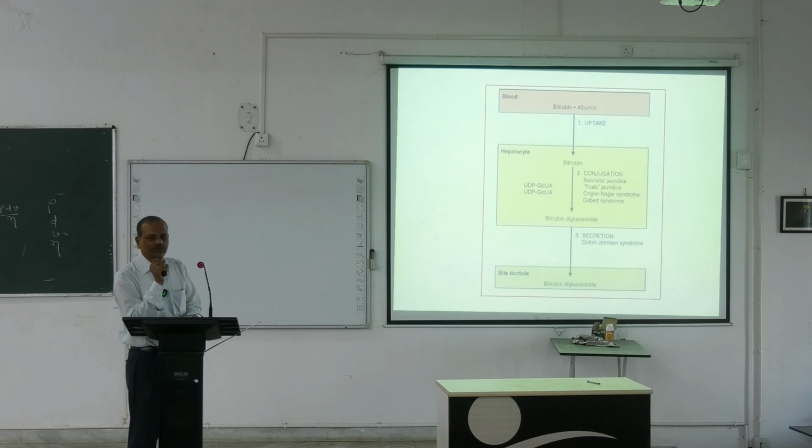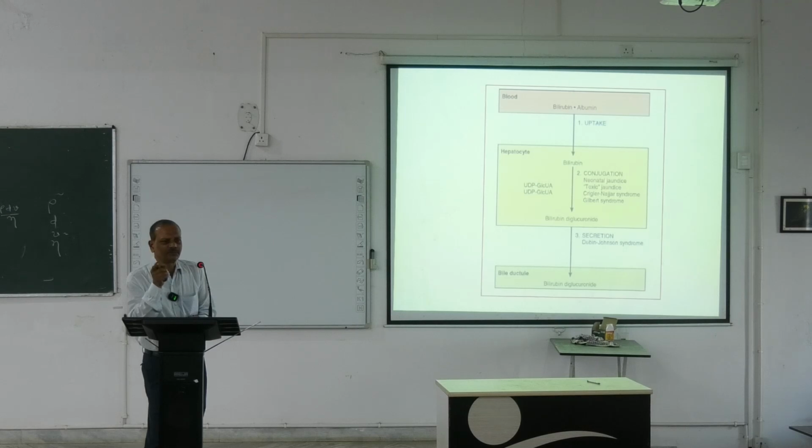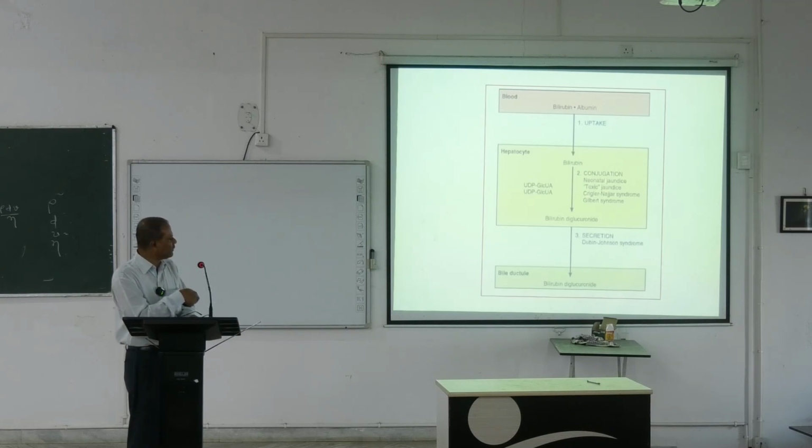Gilbert syndrome, you will get at least 1 or 2 cases in 1 or 2 years. If you get a good number of patients and if you are vigilant enough, then you will be able to detect it. And then if there is a secretion defect, that is called Dubin-Johnson syndrome. So this is conjugated bilirubin because conjugation has taken place. So if at this level there is a problem, that is called conjugated hyperbilirubinemia.